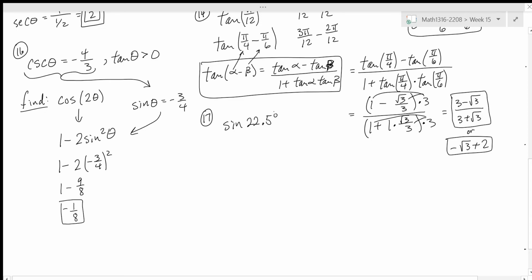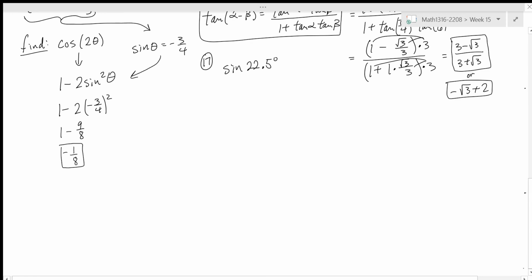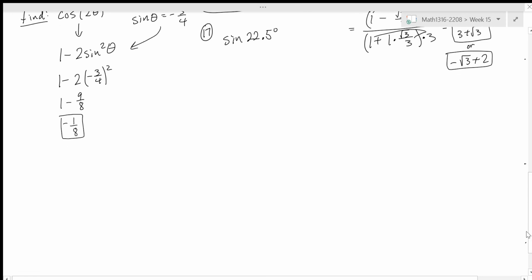Sine of 22.5 degrees. The instructions say to use a half angle formula to find the exact value. So I'm going to have to come up with an angle that when I take half of it, I get 22.5.